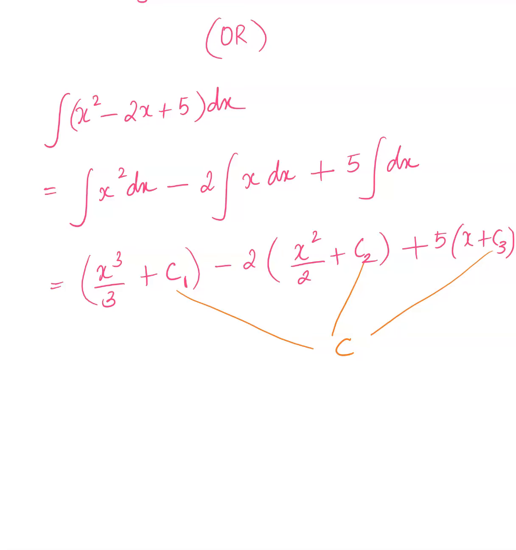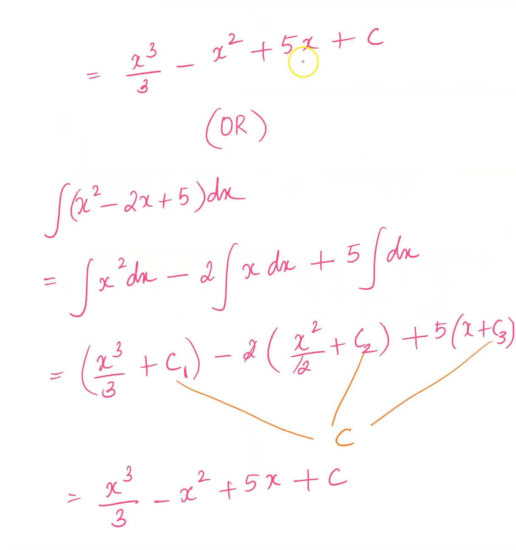And so we can rewrite this simply as just the terms first, x cubed. Here again the 2's will cancel off, so I'll just write that as minus x squared plus 5x. And all the c's combined will be one common c, which was what we got up here. So you can see them individually written out as separate c's, or you can just attach a c at the end. They're all equivalent.